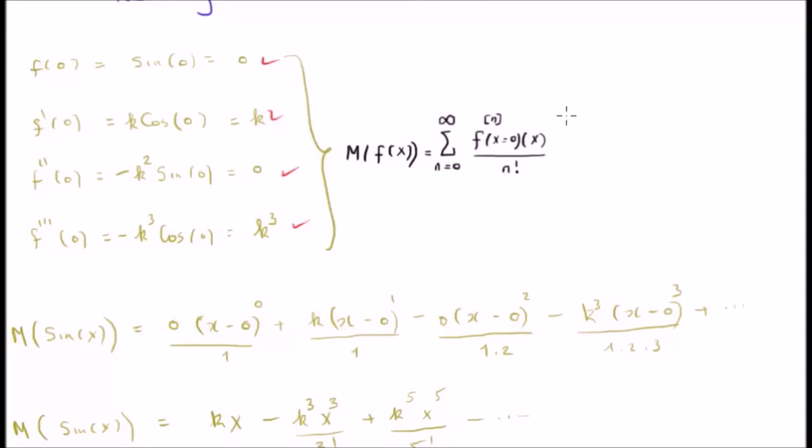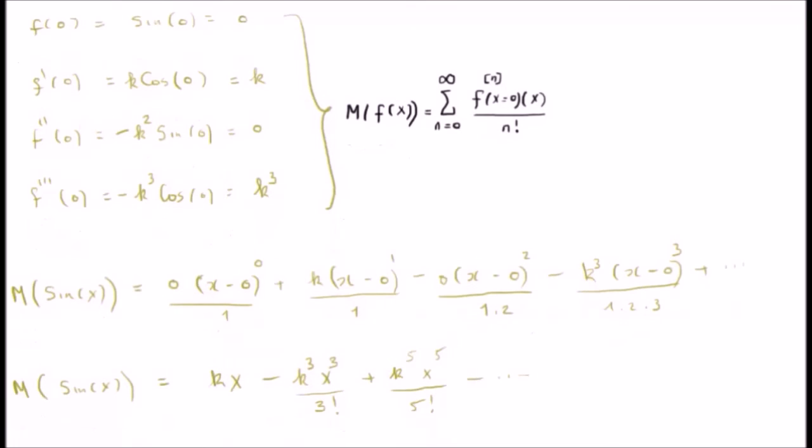Putting them all together using the formula here, we get the expression second from bottom on your screen. Putting this more compactly, we get the Maclaurin series expansion of sine of x. We're going to insert this back into our function capital F of k and move on from there.